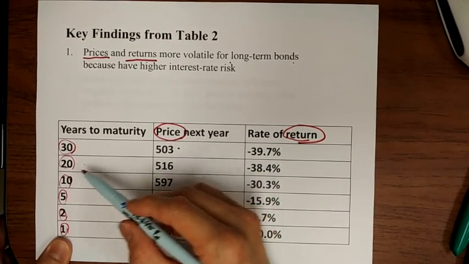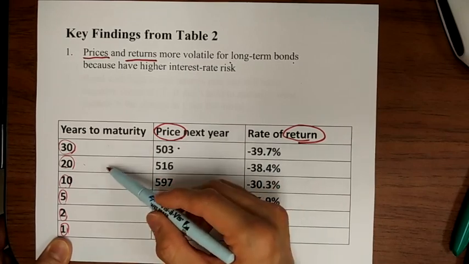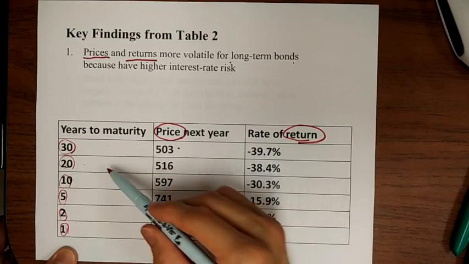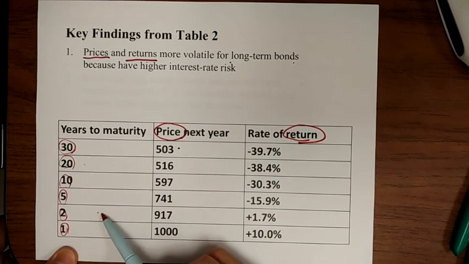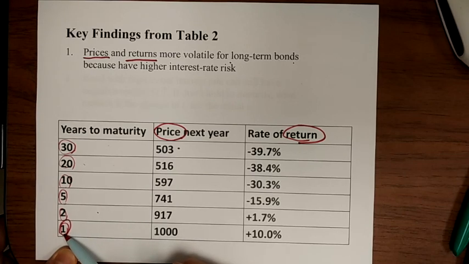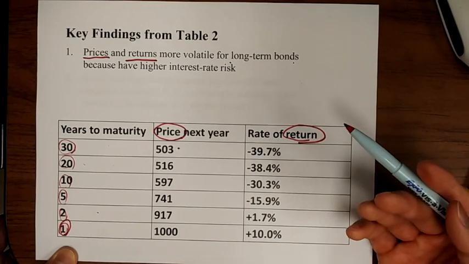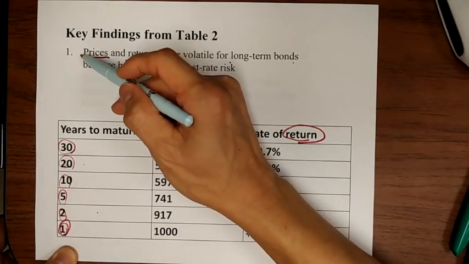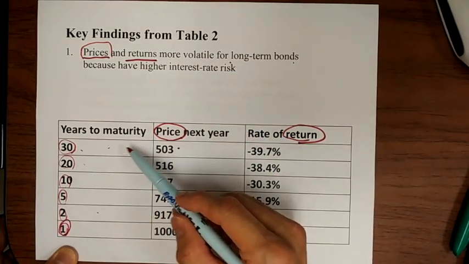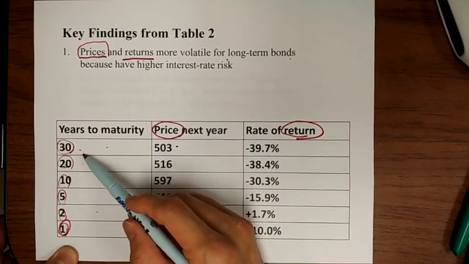The price of a 20-year bond fluctuates from $1,000 to $516. The price of a 2-year bond fluctuates from $1,000 to $917. The price of a 1-year bond fluctuates from 1,000 to 1,000, doesn't change. Therefore, the price is more volatile for longer-term bonds.